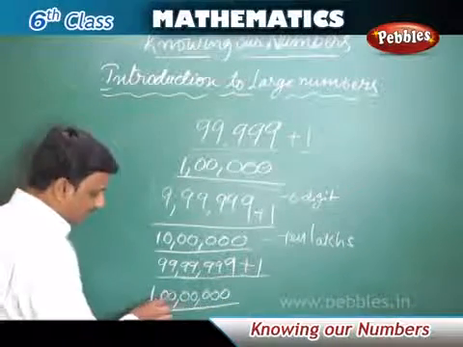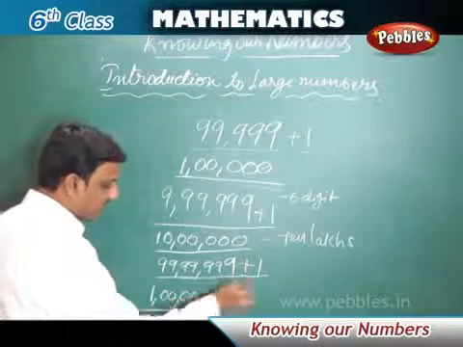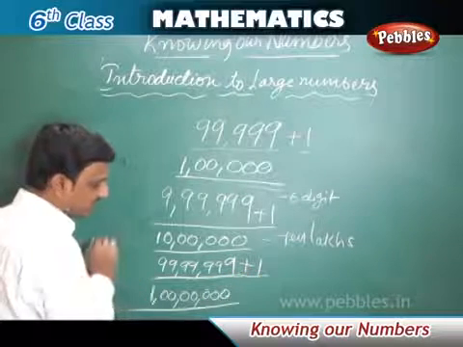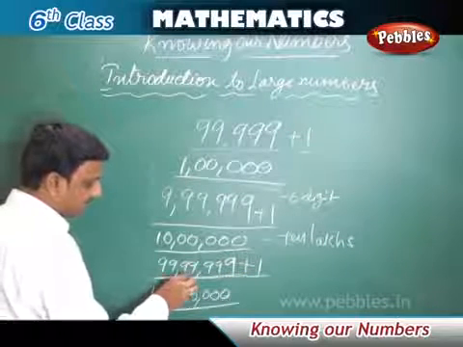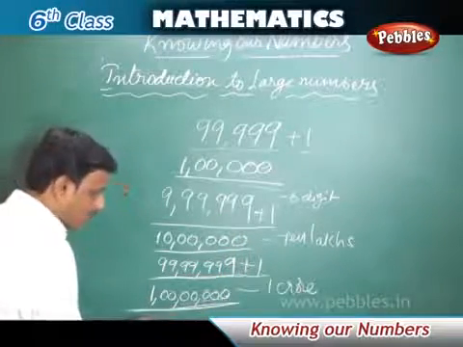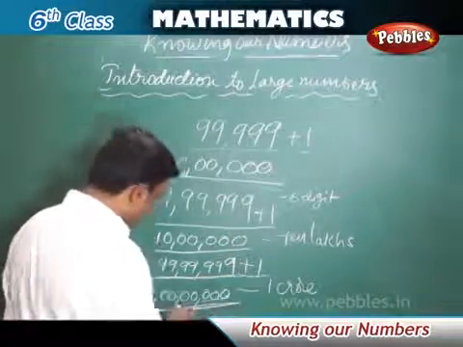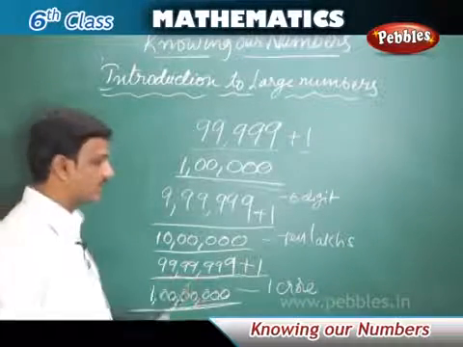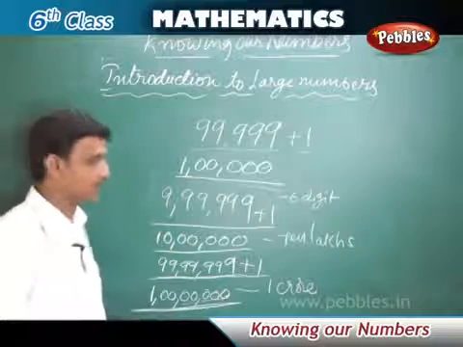So this is 1, 2, 3, 4, 5, 6, 7, 8, 8 digits. By adding 1 to the biggest 7-digit number, 99,99,999, we get 1 crore. So 1 crore is the smallest 8-digit number. In this way, the bigger numbers are formed.